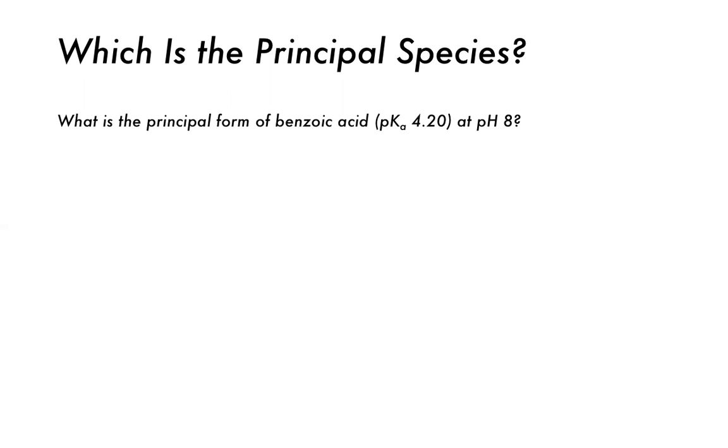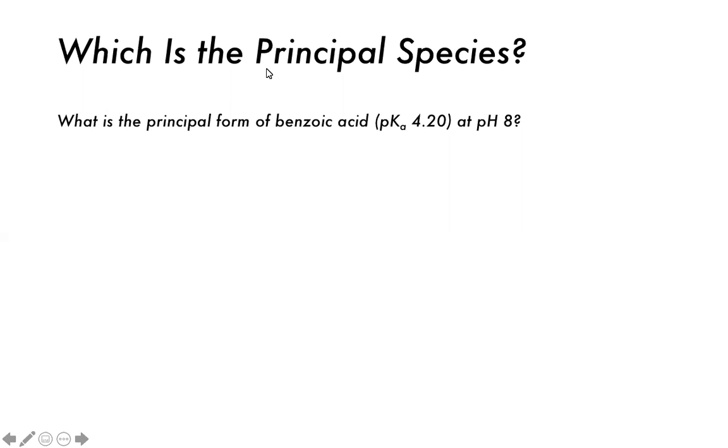Now, we will encounter buffers again later on whenever we talk about a way of quantitatively determining how much acid or base is in a solution through a titration. There will be buffers involved there. But first of all, I want to do a quick recap of the last topic we talked about last time, which was a determination of a particular principal species.